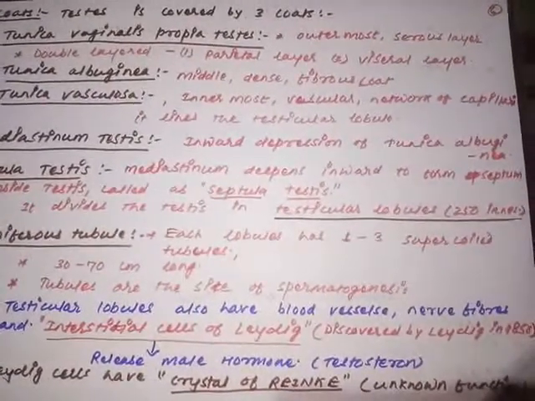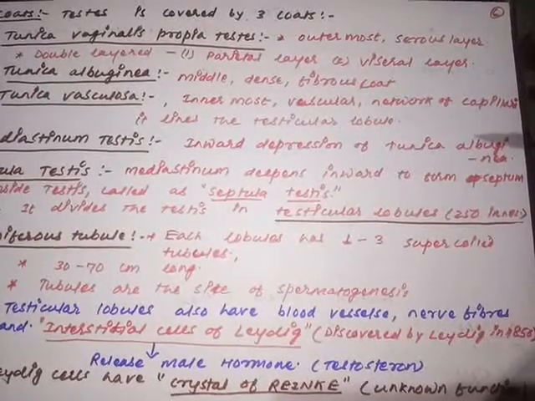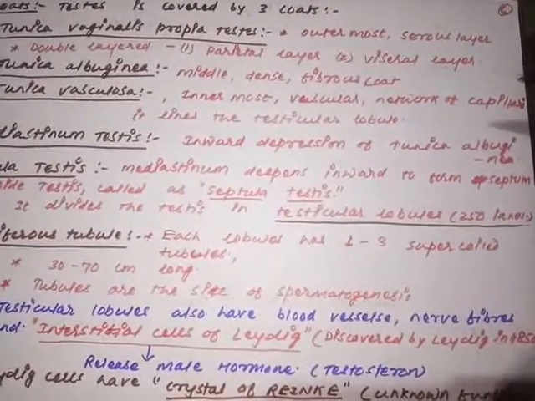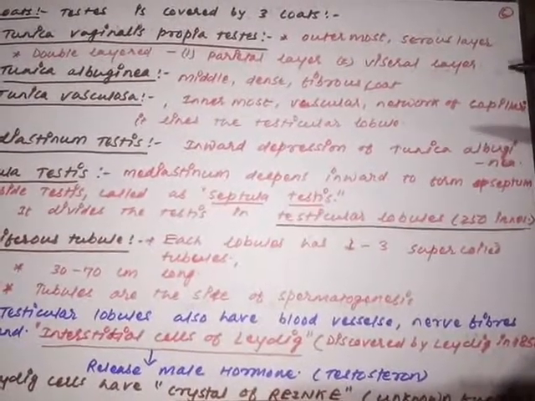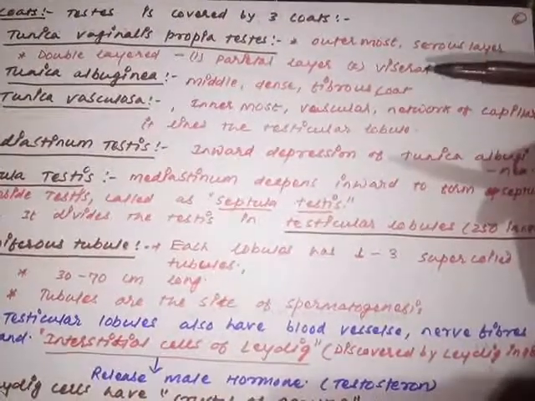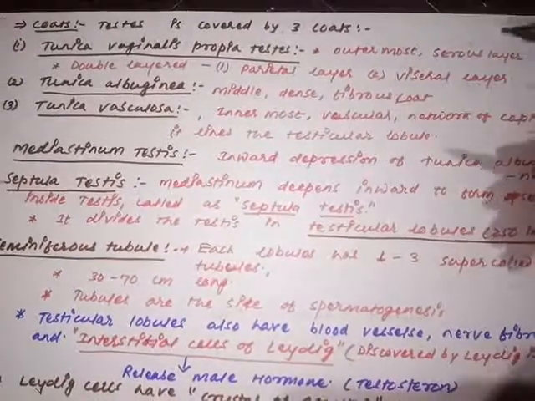This is the innermost layer, vascular in nature, meaning always having blood supply or richly supplied with blood. So tunica vasculosa is a vascular layer made of a network of blood capillaries which lines the testicular lobules. What are the testicular lobules? We'll see in a forthcoming lecture.